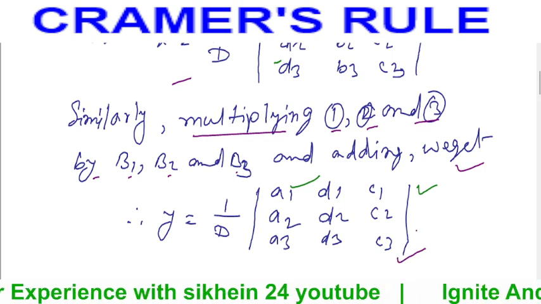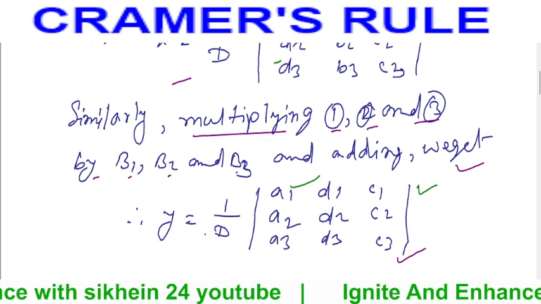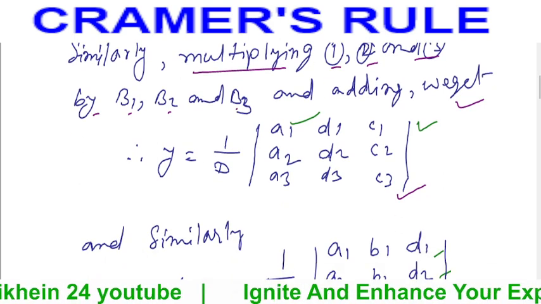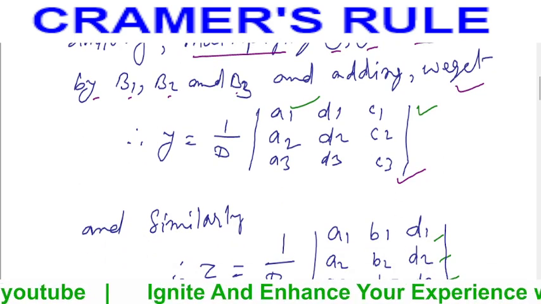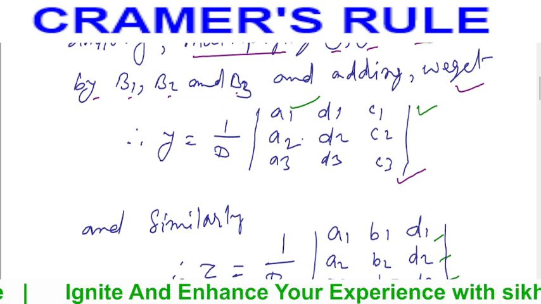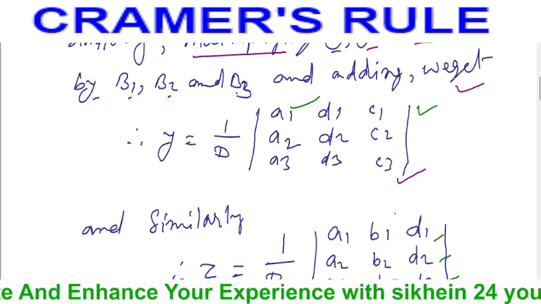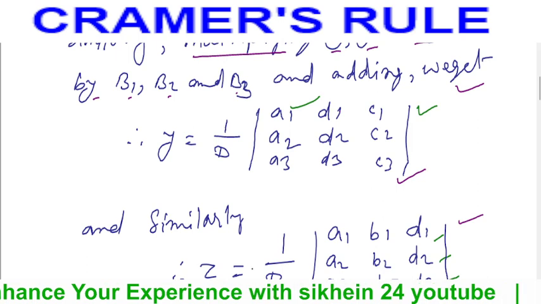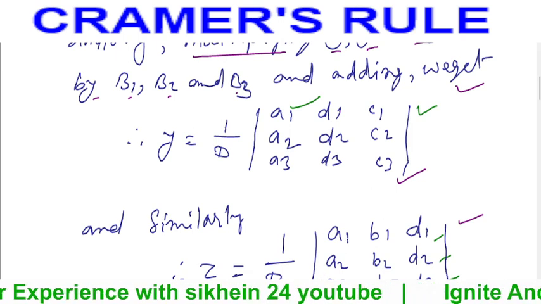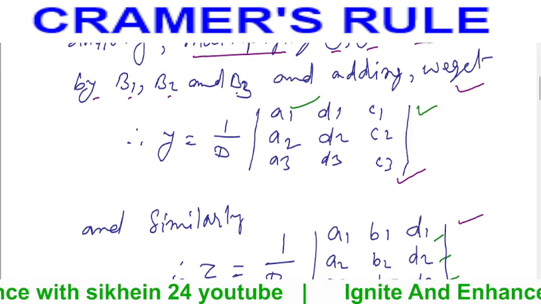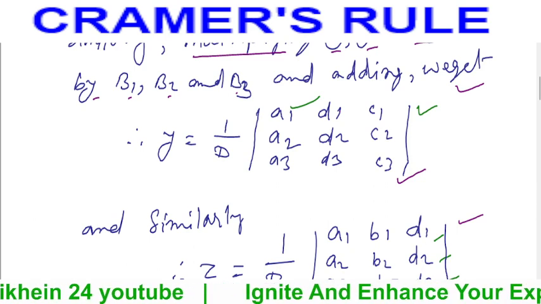As you can see on the screen, we get y equal to that, and then lastly z equal to, like above, z equal to 1 by D, and in the determinant a1, a2, a3, b1, b2, b3, d1, d2, d3. Right?